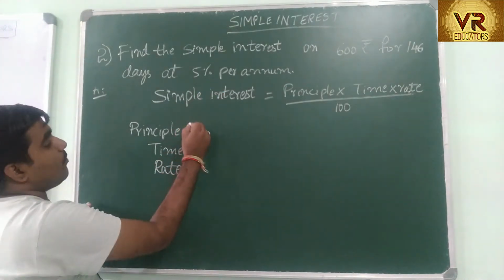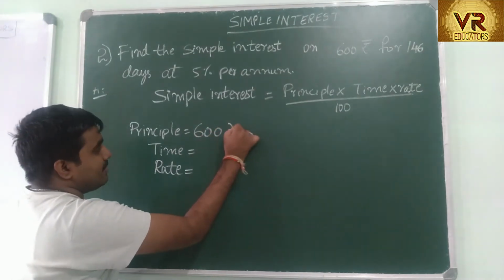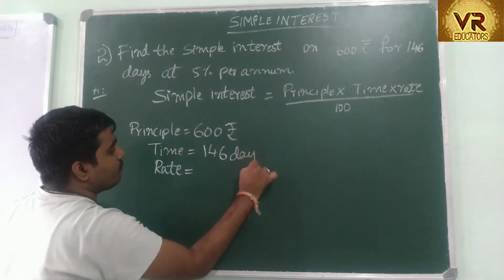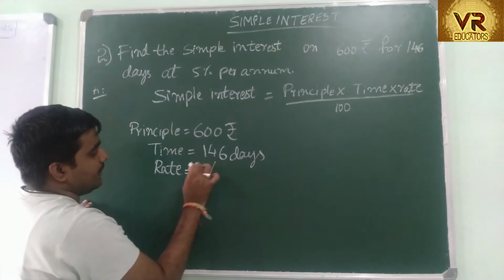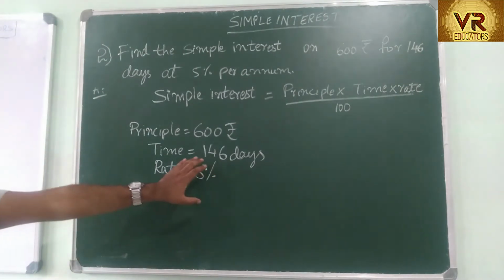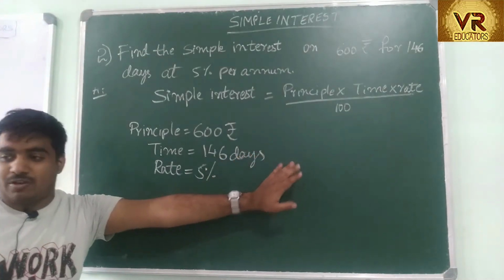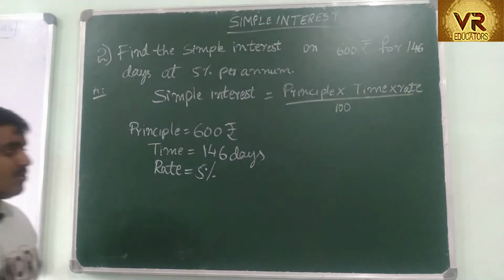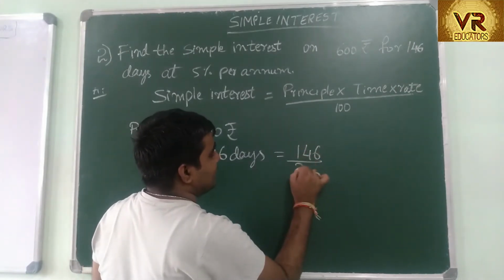So let's write what is given here. Principal is 600 rupees. Time is 146 days. Rate is 5%. In time we have to write it in terms of years. You know that 1 year has 365 days, so to convert this we divide by 365.